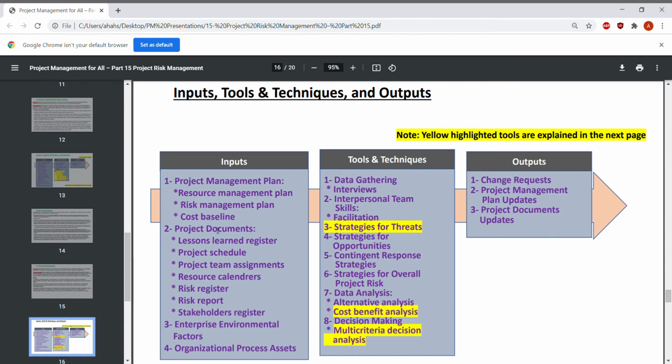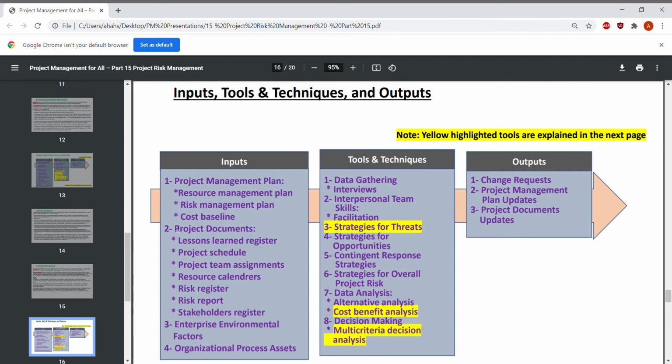These are the inputs, tools and techniques for this process, and the outputs also. So the inputs are the project management plan, the resource management plan, the risk management plan, and the cost baseline.